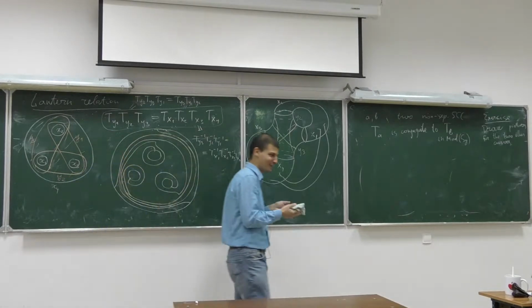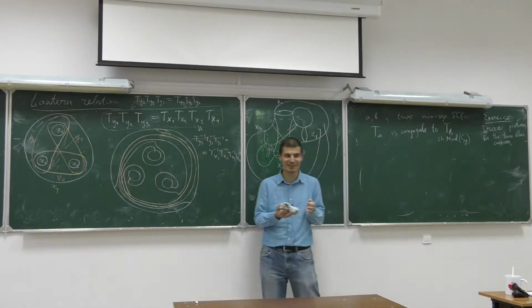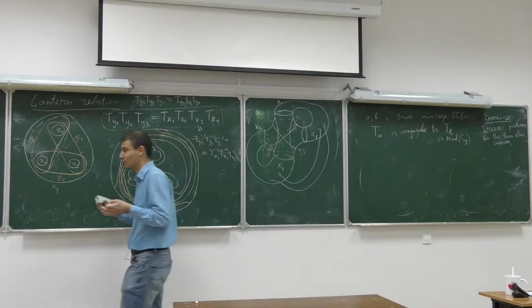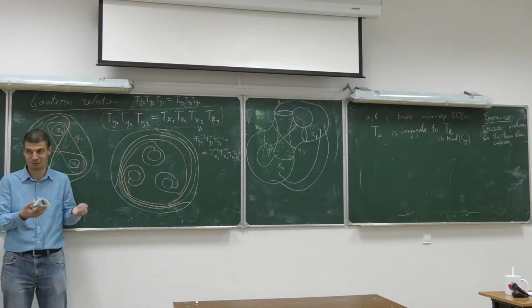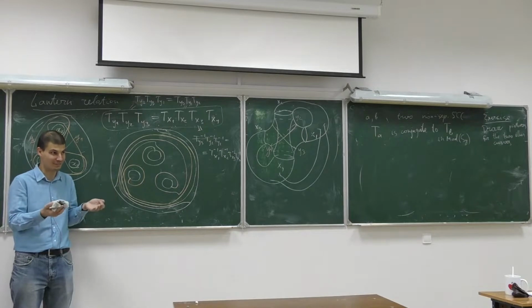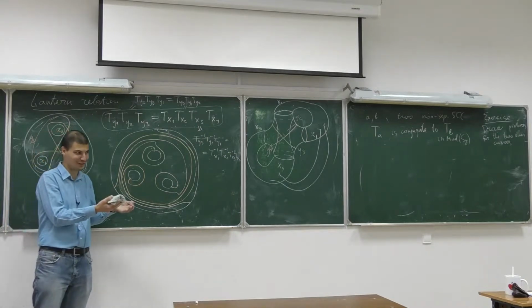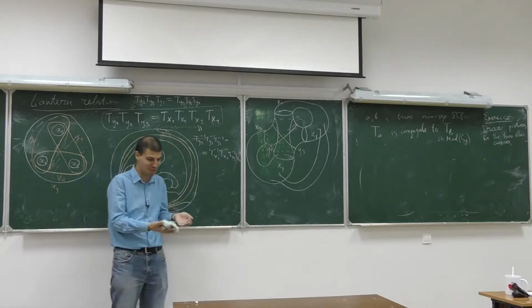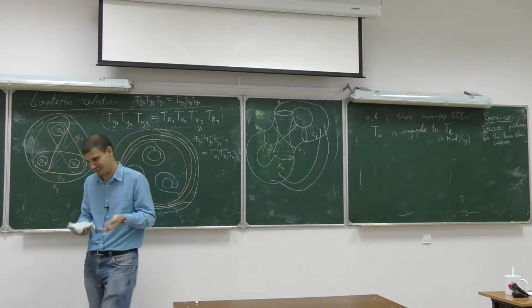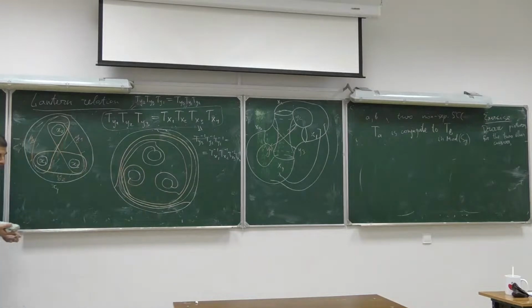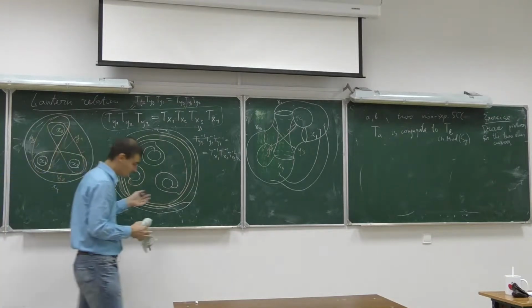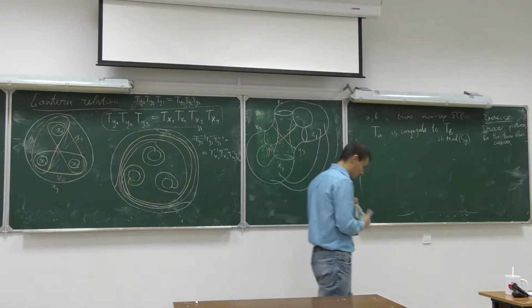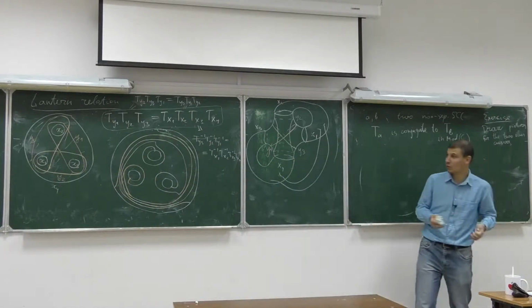Alexander's method doesn't say how to predict relations or how to find them. But if somebody gives you a relation and says this is a relation in the mapping class group, and you need to check it, then any reasonable relation can be checked by means of Alexander's method for some set of curves.